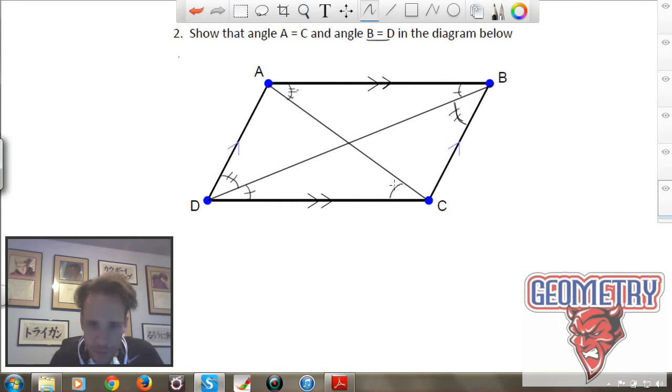I'm going to make these 3 tick marks, and the alternate interior angles here, I'll just make this a double rainbow there. Okay, so we get, again, 2 pairs of alternate interior angles, so therefore the sums of those 2 alternate interior angles have to be the same, making angle A equal to angle C.